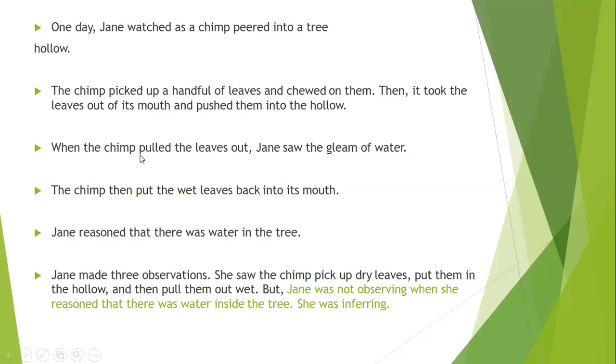When the chimp pulled the leaves out, Jane saw the gleam of water. The chimp then put the wet leaves back into its mouth. So Jane reasoned that there was water inside the tree hollow. That's inferring. She didn't observe the water inside, but she inferred it. So Jane didn't make an observation, she was only inferring.